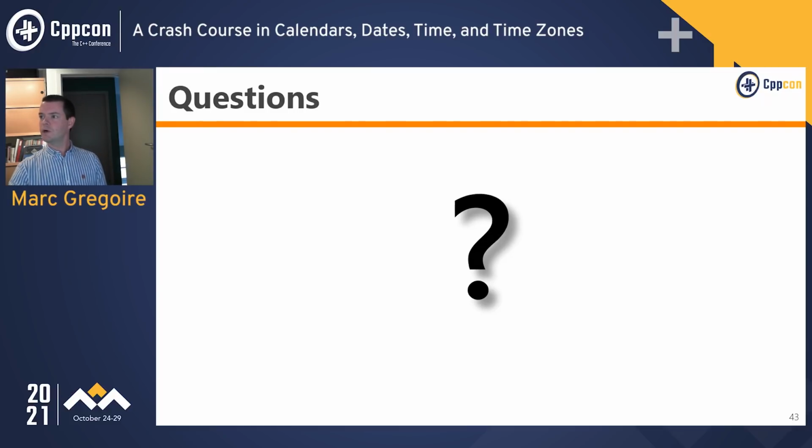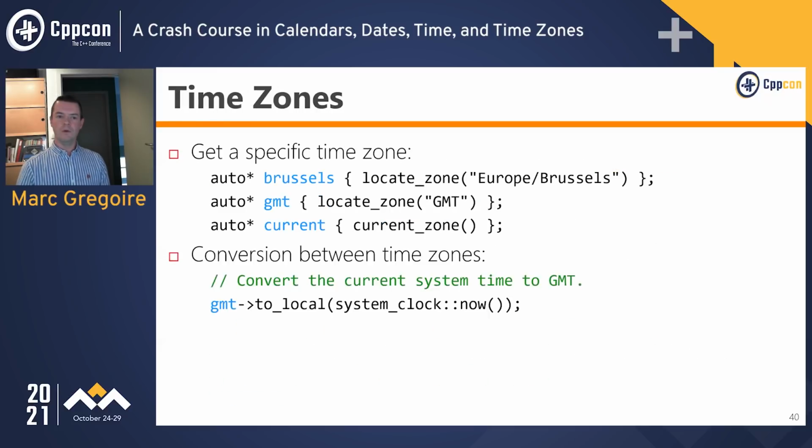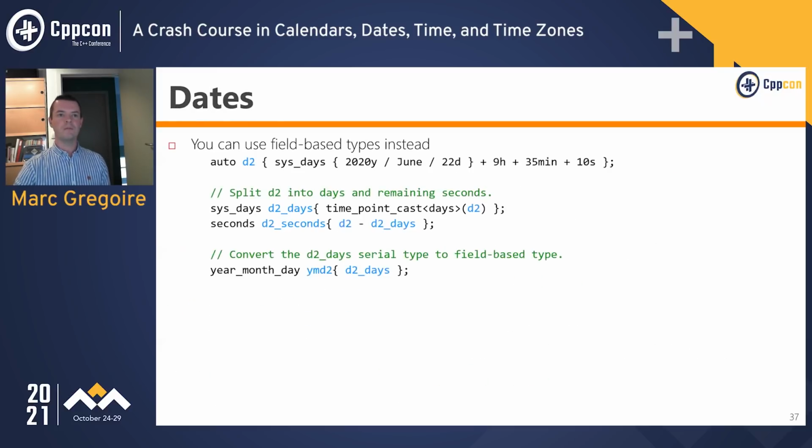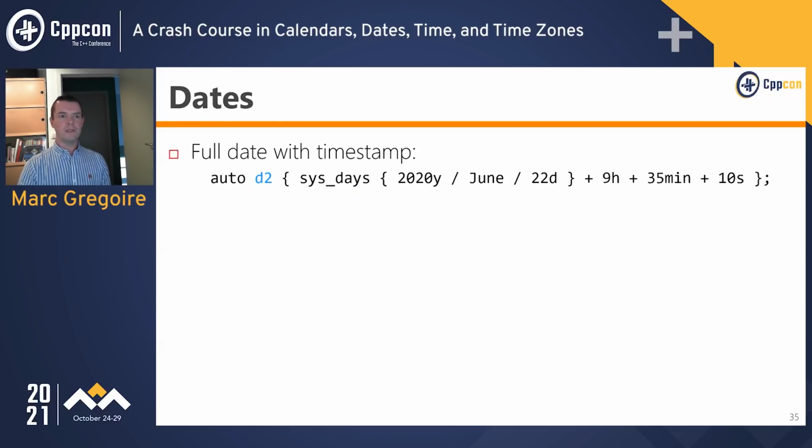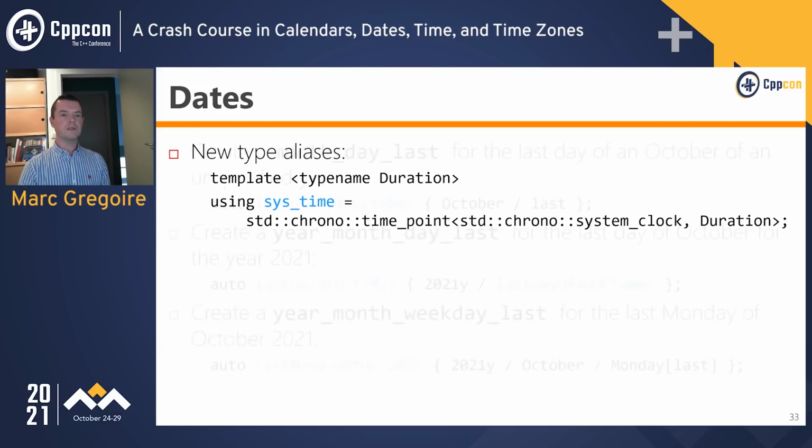The first one: you showed 9 hours for 9 a.m. and I believe 21 hours will be 9 p.m. Is there an equivalent of a.m. and p.m. in chrono? Something like 9 hours underscore a.m.? No, I think you are talking about these standard user-defined literals.